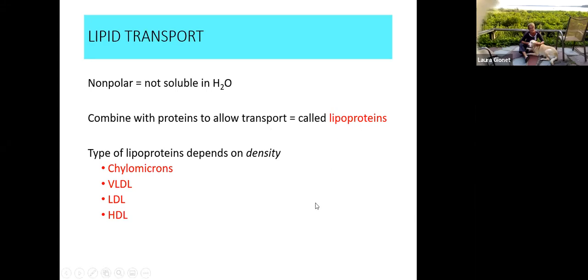Types of lipoproteins depend on density. The smallest ones are the chylomicrons, and those are actually formed in the smooth endoplasmic reticulum of the simple columnar tissue that lines the mucosa of the small intestine. And then they become VLDLs, LDLs, and HDLs.